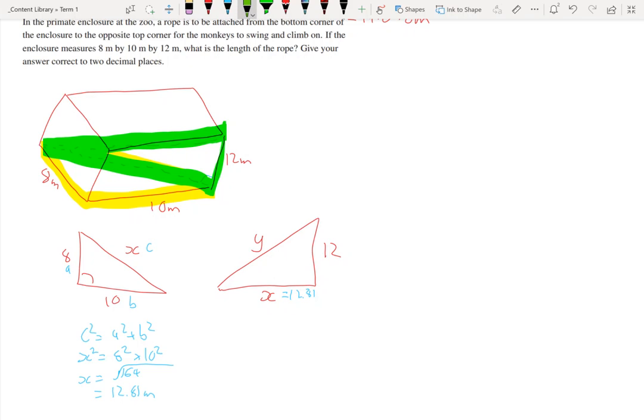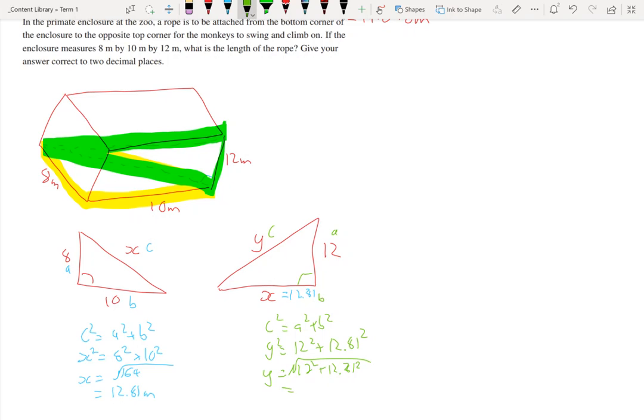Then, if we label our triangle, we've got our hypotenuse is C. Our hypotenuse is Y, sorry. No, it's small side, small side. C squared equals A squared plus B squared. C is Y. Y squared equals 12 squared plus 12.81 squared. Y equals the square root of 12 squared plus 12.81 squared.